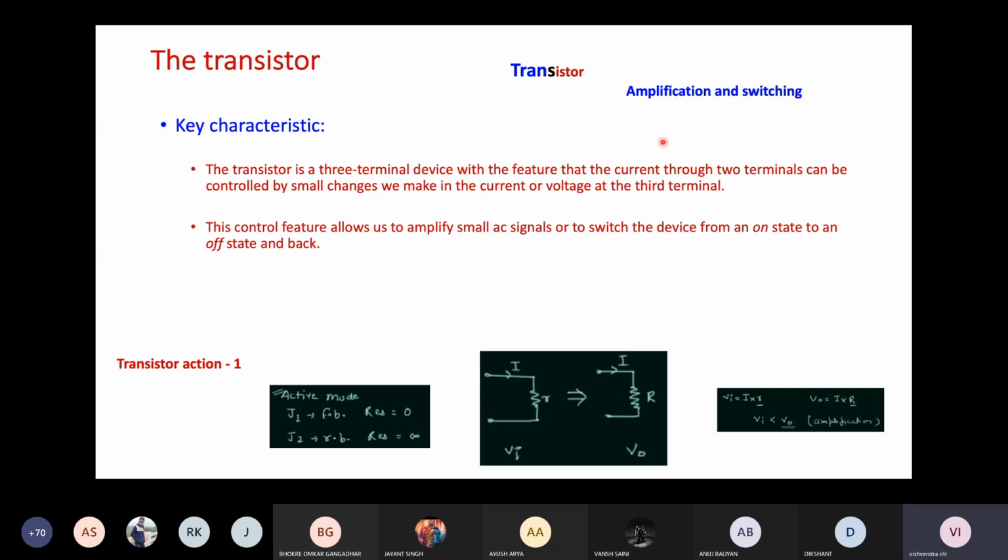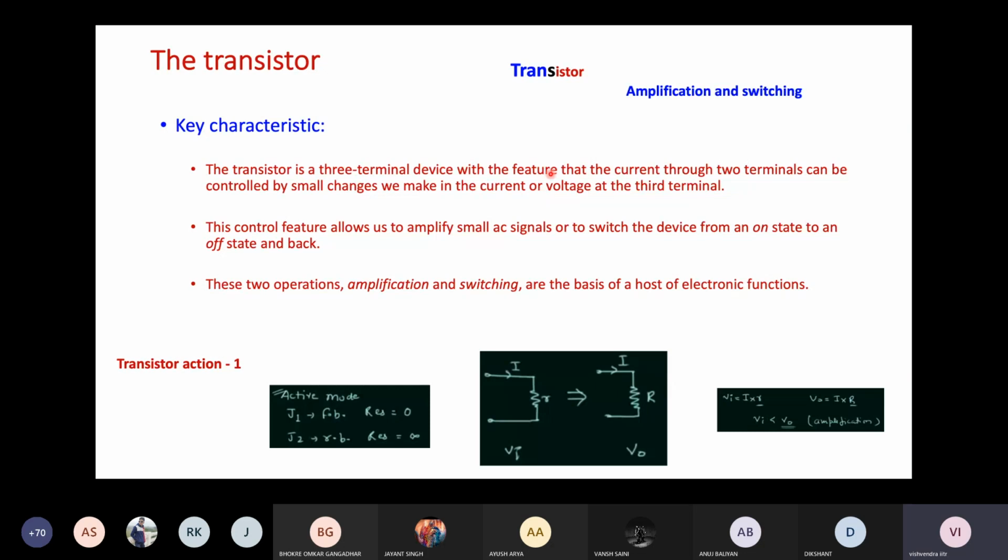And in FETs, the current between two terminals is controlled by the voltage applied at the third terminal. This control by the third terminal gives us the amplification capability of the transistors. Because if we apply a small AC signal on the third terminal, then this small signal is reflected as a big signal on the two other terminals.